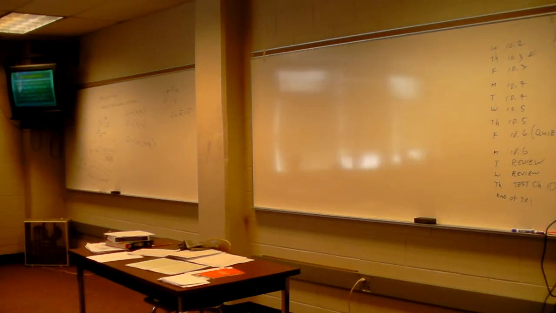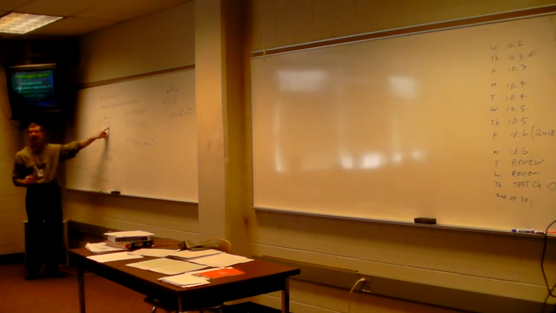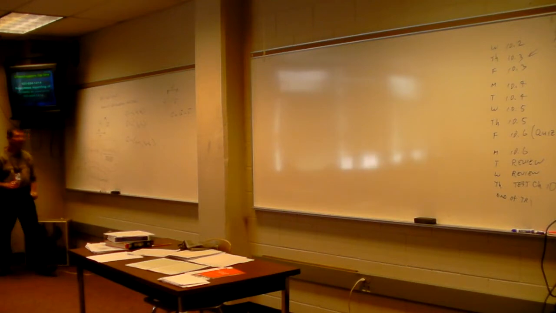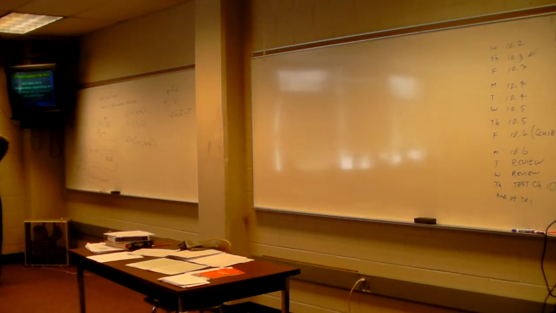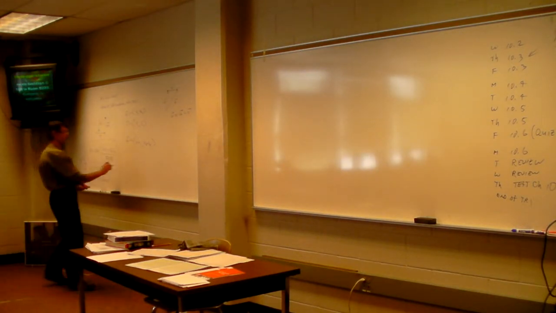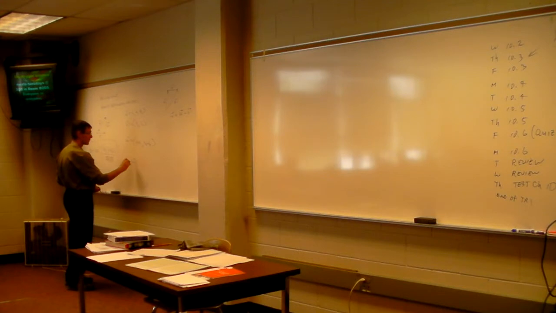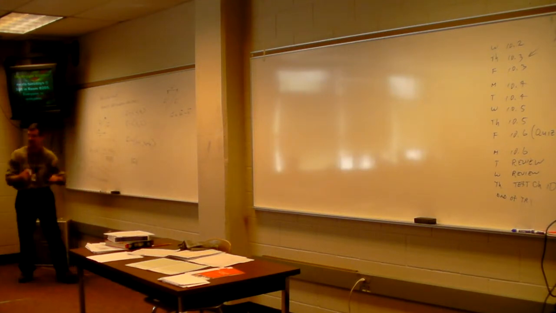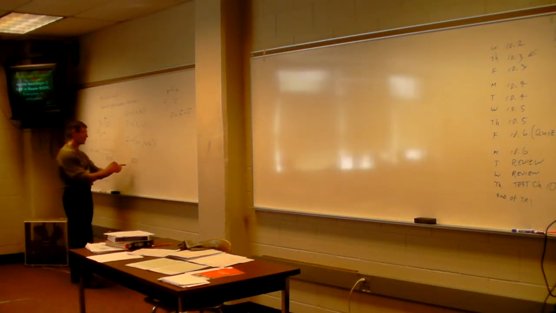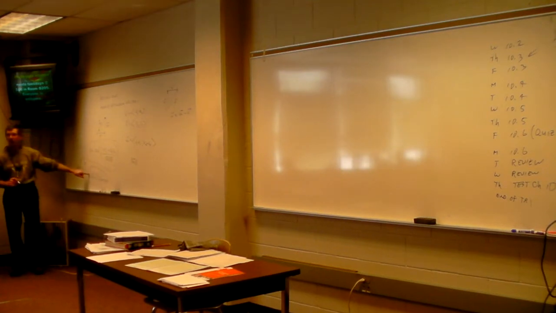Now we're going to apply that to this. W is the side opposite theta. W is the vector. How do we represent its length? By its magnitude, which is represented by two bars. And we square it.